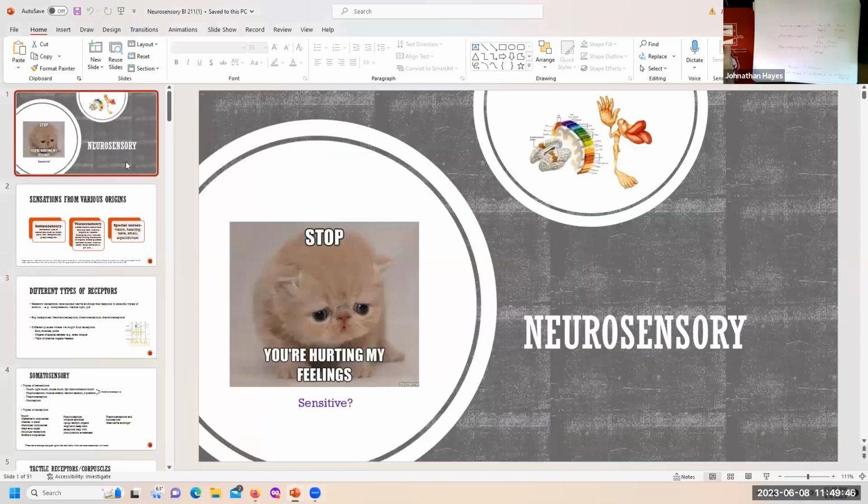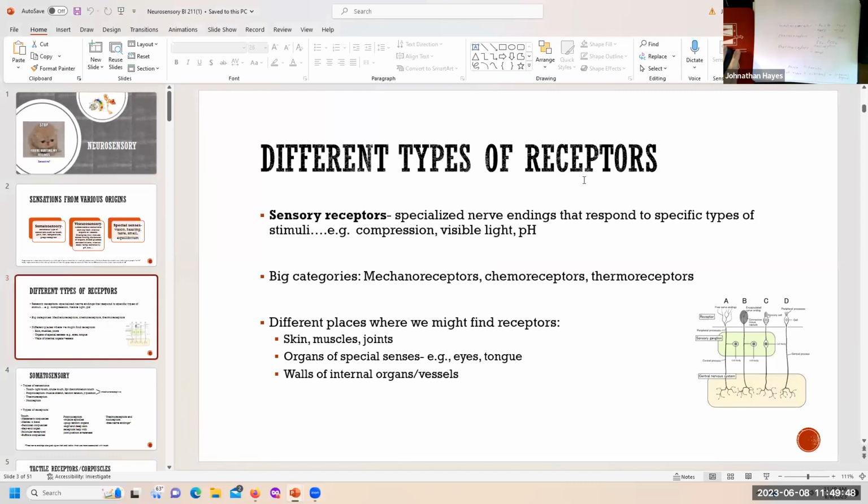And all these things, again, we're going to have various different types of receptors that pick them up. You'll have various different types of nerves that might carry some of these things. Like, some of the cranial nerves are picking up sensation of touch from very particular parts of the face, or picking up the sensation of taste from different parts of the tongue. And you have peripheral nerves that are picking up touch and pressure from different parts of the body. And there's also going to be parts of the brain or the cord that are receiving these types of information.